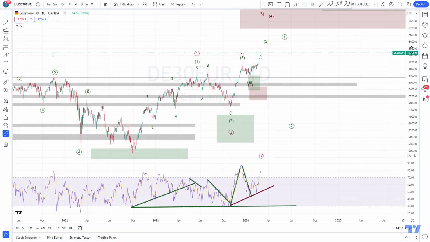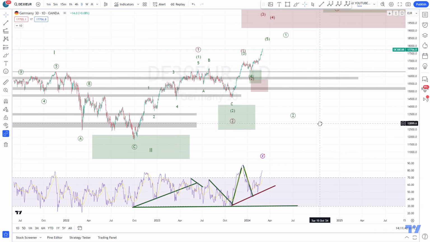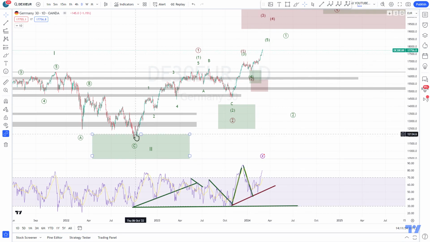So here in the daily time frame, I have two scenarios on my chart. One scenario is showing that we had a wave 1 here of a higher degree, shown in red.